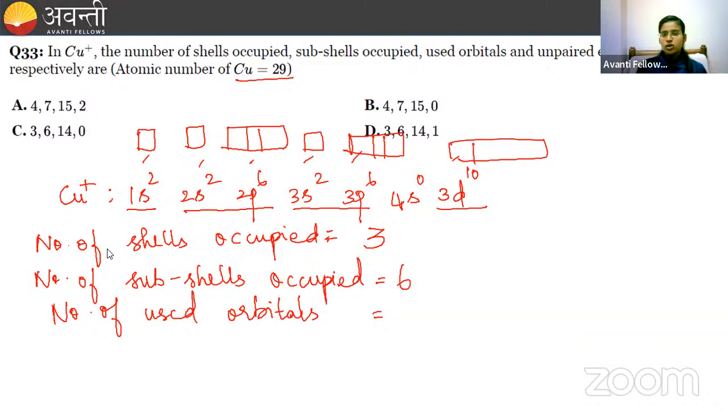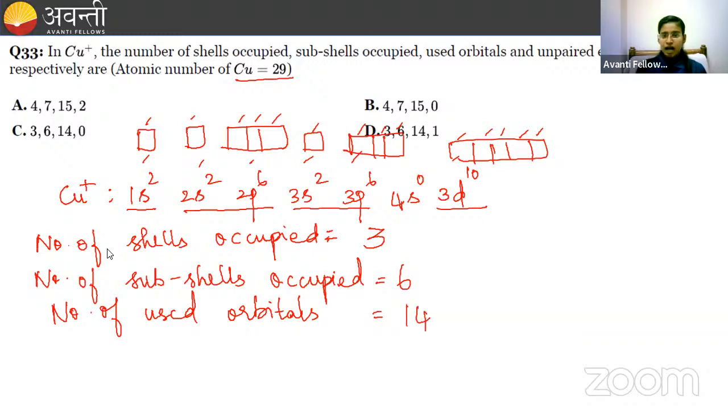Total number of d orbitals for an atom is 5, right? Now, if you count this, 1, 2, 3, 4, 5, 6, 7, 8, 9, 10, 11, 12, 13, 14. So the number of used orbitals is equal to 14.